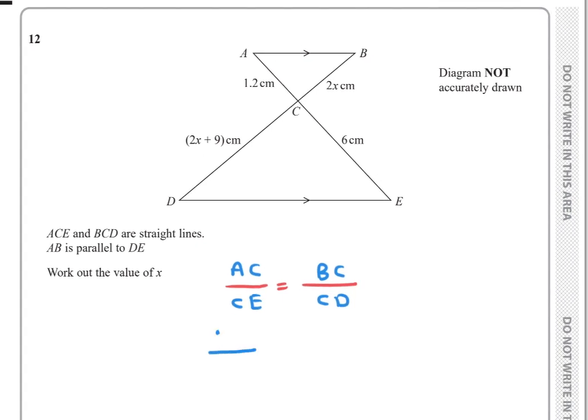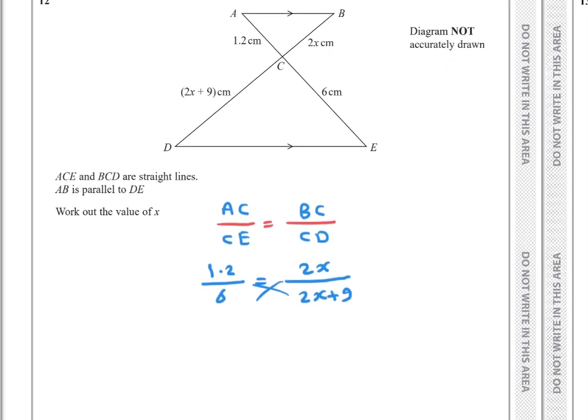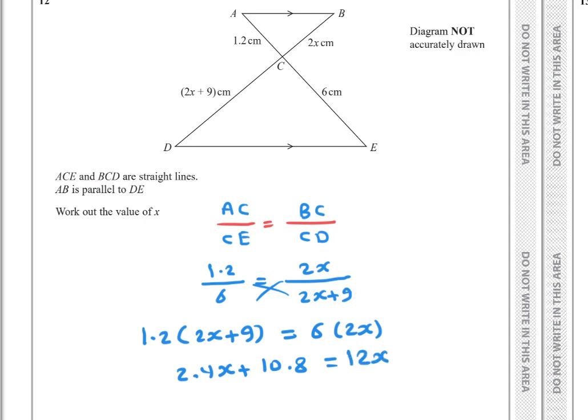So now 1.2 over 6 equals 2x over 2x plus 9. Now cross multiply to solve for x. 1.2 times (2x plus 9) equals 6 times 2x. 1.2 times 2 is 2.4x. 1.2 times 9 is 10.8, equals 12x.